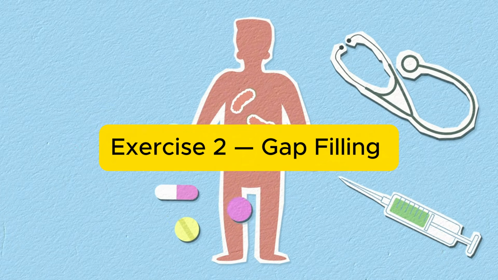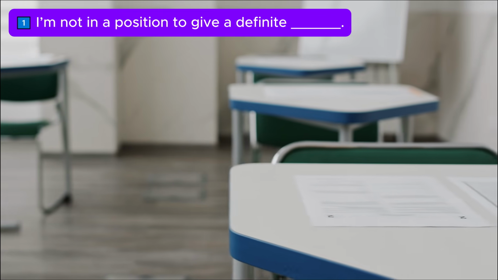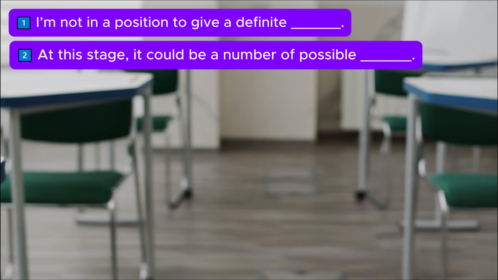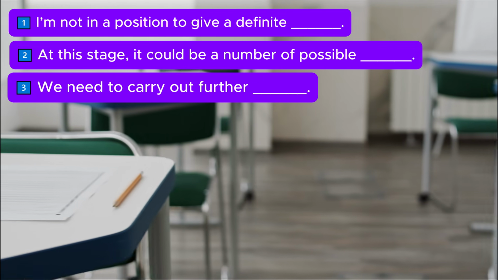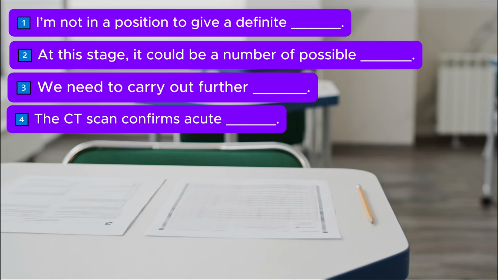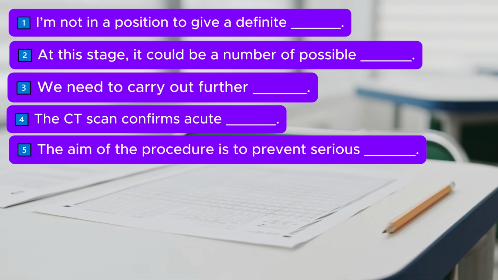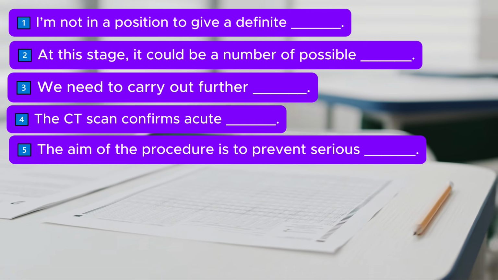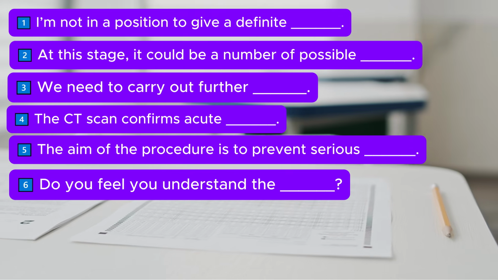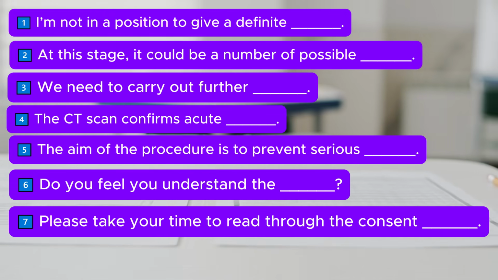Exercise 2. Gap filling. 1. I'm not in a position to give a definite. 2. At this stage, it could be a number of possible. 3. We need to carry out further. 4. The CT scan confirms acute. 5. The aim of the procedure is to prevent serious. 6. Do you feel you understand the. 7. Please take your time to read through the.